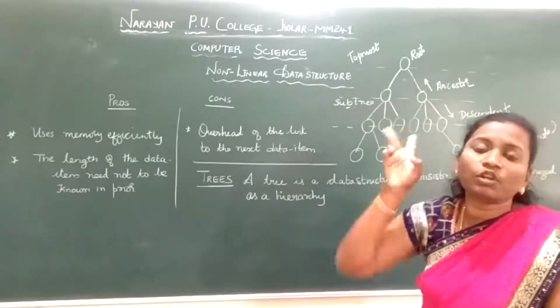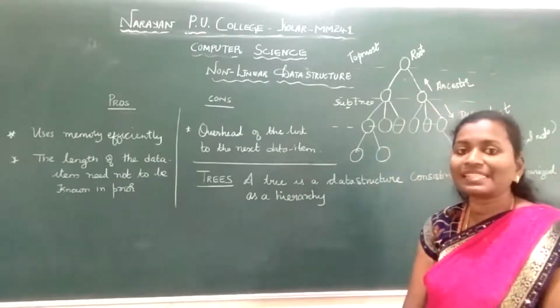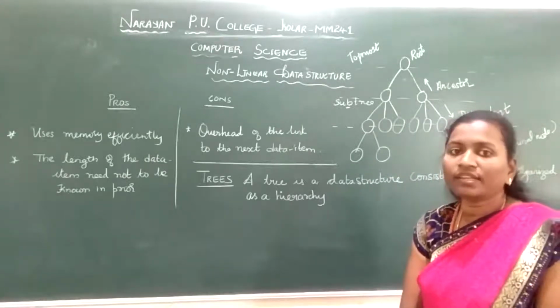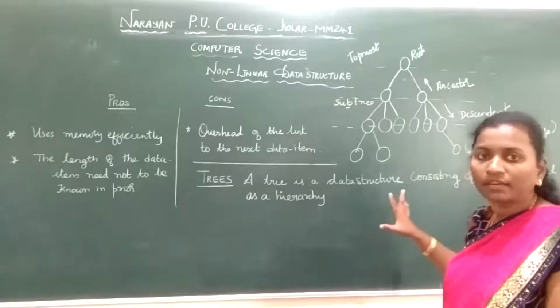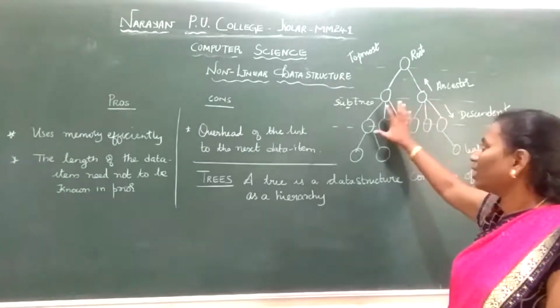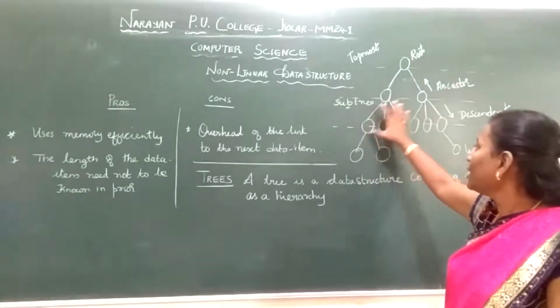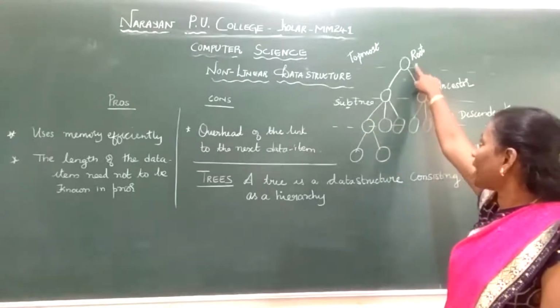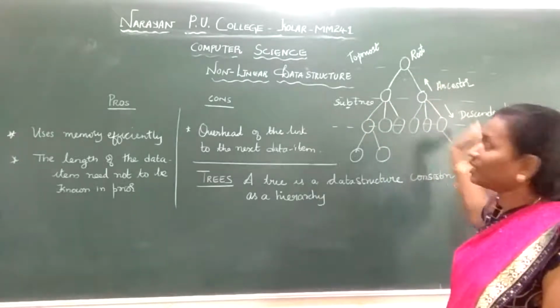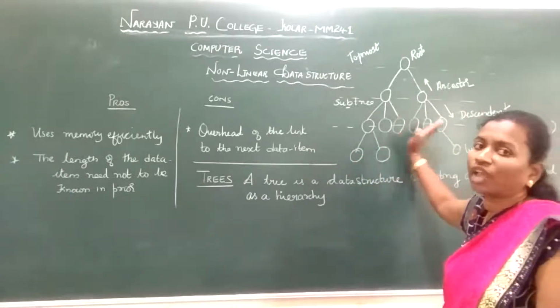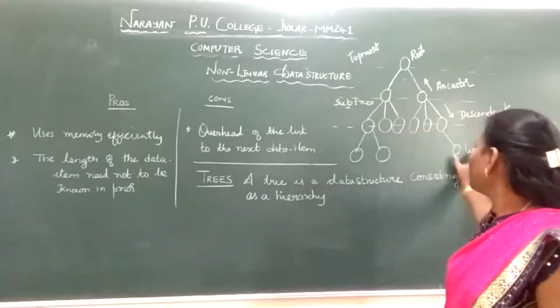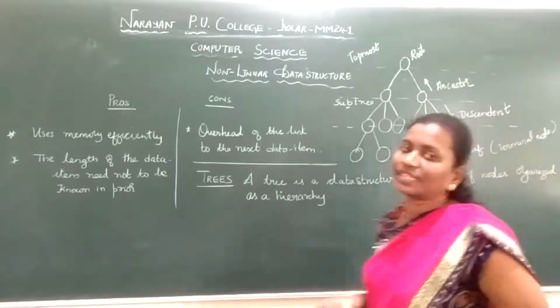Sometimes if a node has only two child nodes, we call that a binary tree. A binary tree is a tree which has exactly two descendants, two child nodes. If we have more than two, we call it a subtree. This is an ancestor, and these are the descendants, called child nodes.